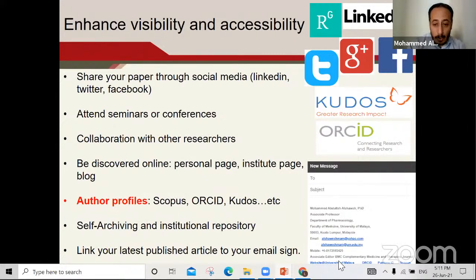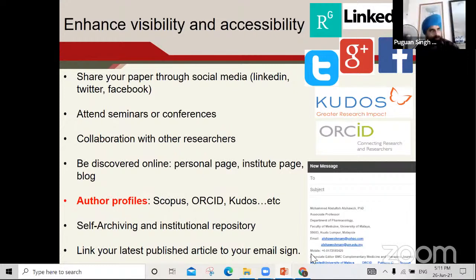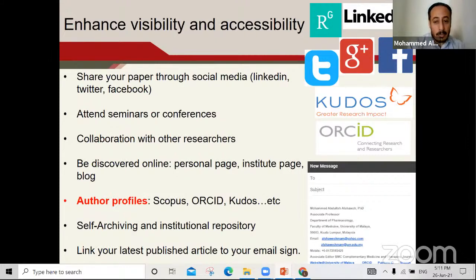Sometimes you also have to link different author profiles in your email. So this is my email. When I send my email, after my name and affiliation, I put the link to ORCID, to Scopus, to my Google Scholar, because I assume the readers will click and see my research. So it's a kind of promoting your article.